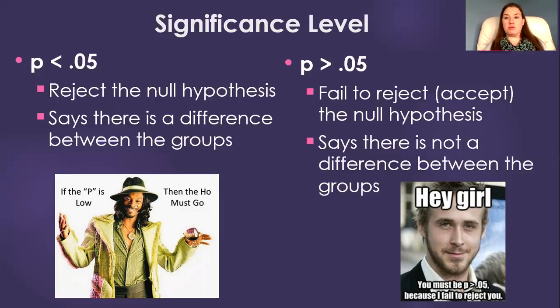So when we fail to reject the null hypothesis, we're saying there is not a difference between groups, right? That the alternative hypothesis that says there is a difference in means on the dependent variable between groups is not correct. So if the p-value is greater than 0.05, our conclusion is to fail to reject the null hypothesis. Again, one other silly stats meme to help you remember that one.